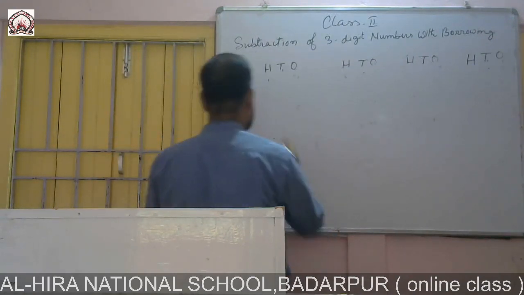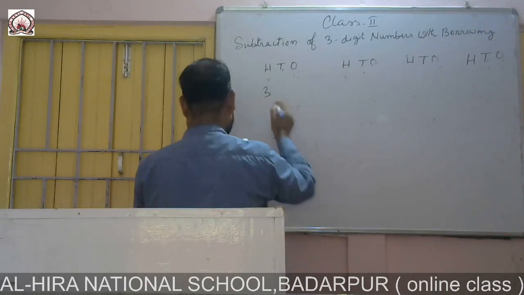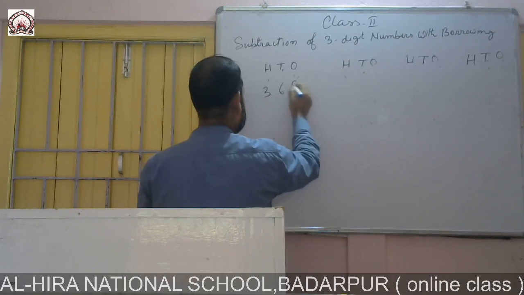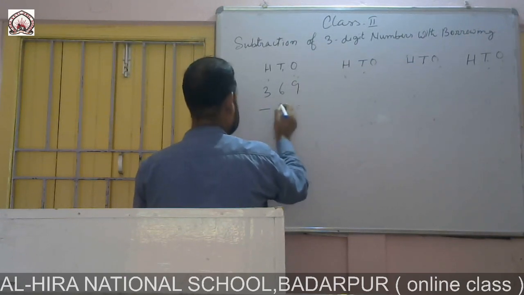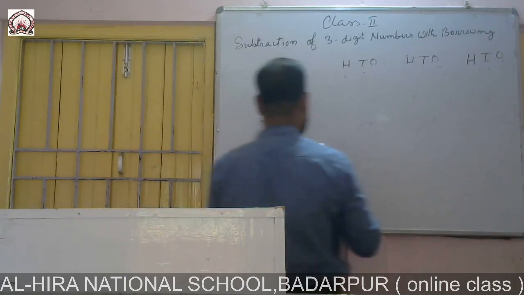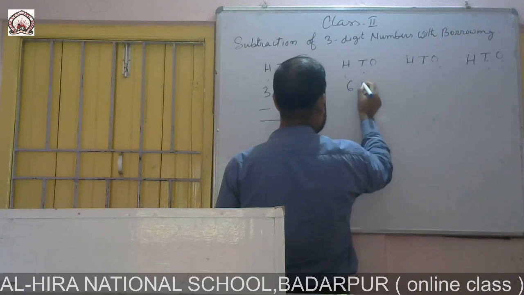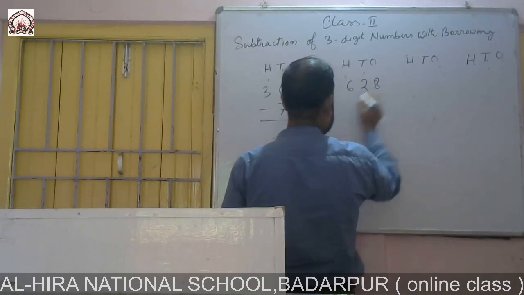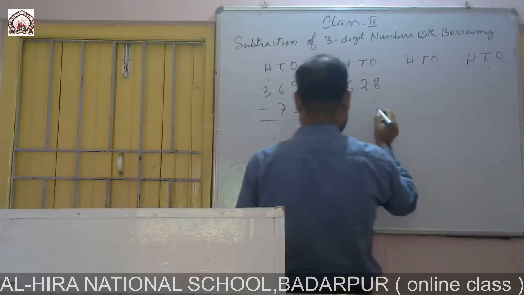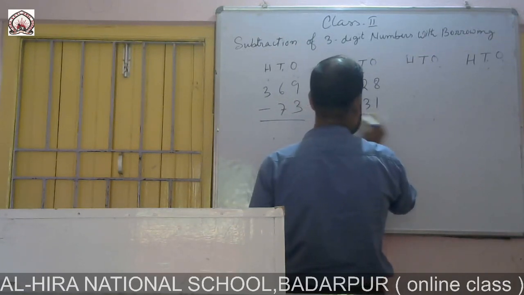Example, 369 minus 73. Next, 628 minus 331.